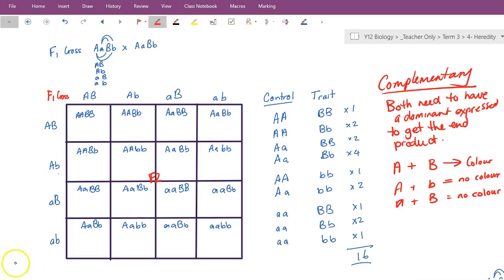So just a minute. In this case, any of the combinations where you do have at least one dominant in both alleles, you're going to get purple, because the A and the B gene have both got a job to do in order to get the job done. But look here, we've got yet another unique sort of pattern.